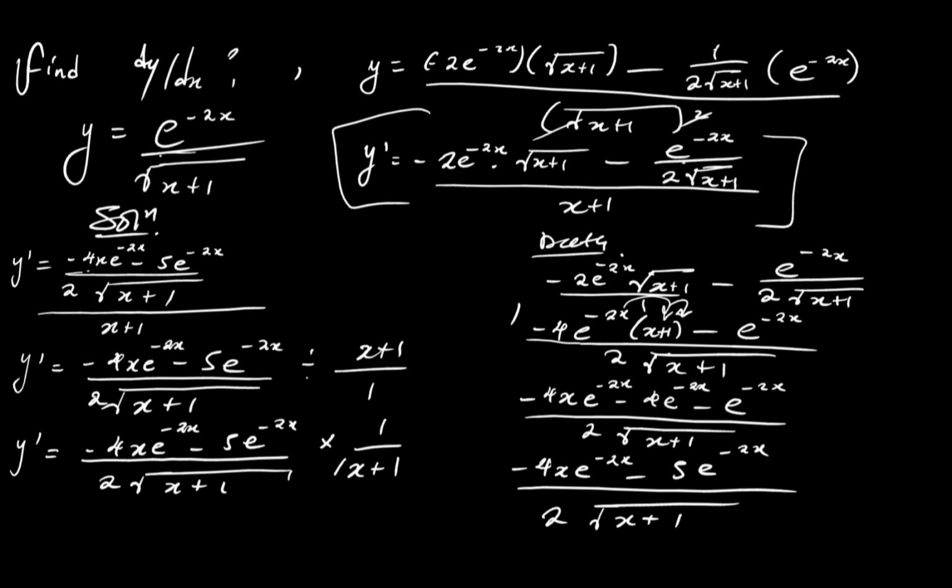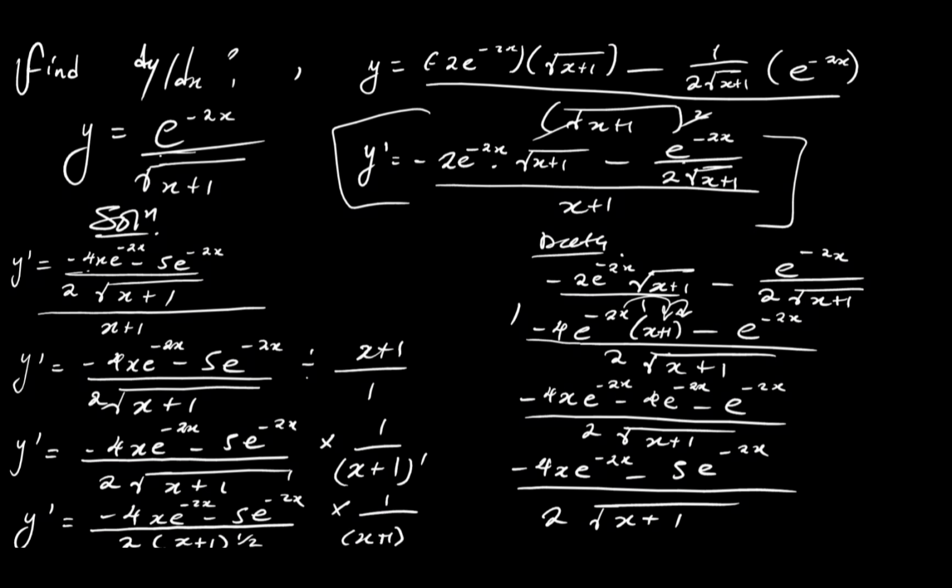Now, this guy here has a power of 1. So I can write y prime equal to minus 4xe to the minus 2x, then minus 5e to the minus 2x, over 2, open bracket, x plus 1 to the power of half, times 1 over x plus 1 to the power of 1.